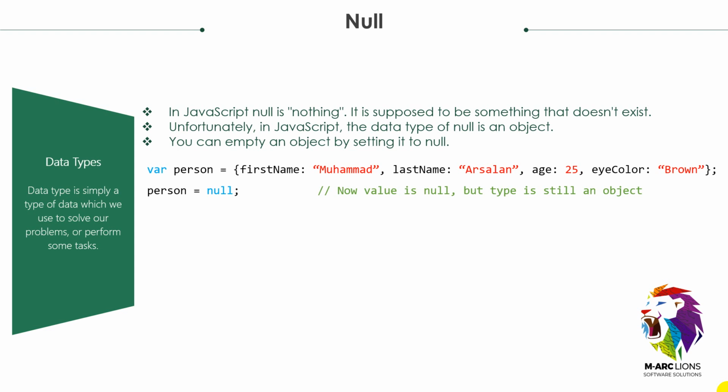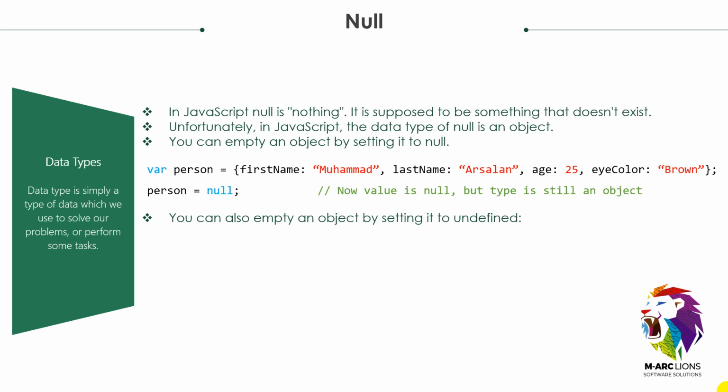But what if I write undefined instead of null? Undefined makes the value empty and makes the data type empty. But null just empties the data, not the data type. The data type is still object.